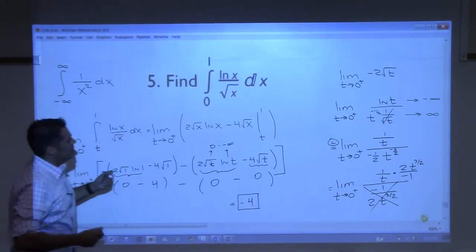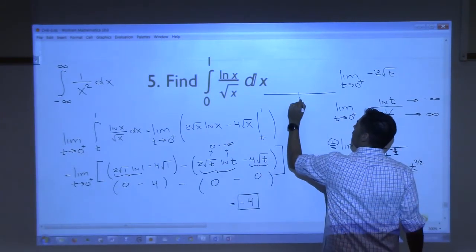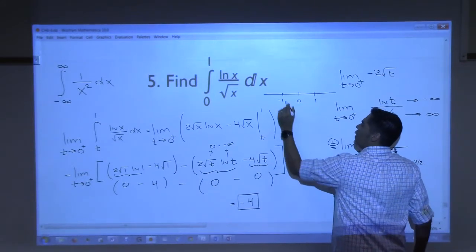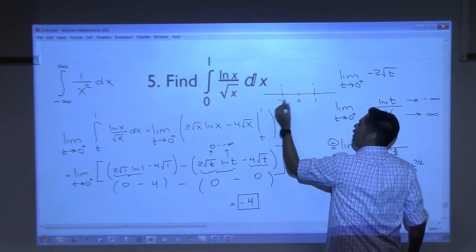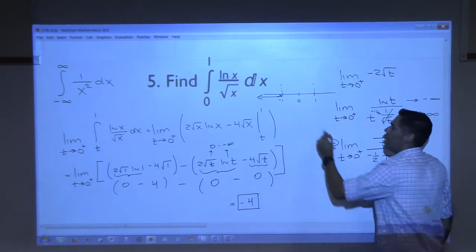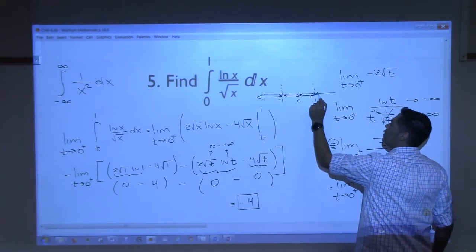So you might do this. Again, I wouldn't ask you to do this. What I would do is break it up like this. So I would go from negative infinity to negative 1, do that as its own integral. And then negative 1 to 0, do that as its own integral. Then 0 to 1, and then from 1 to infinity.